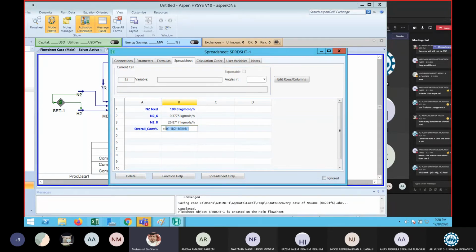And probably I need to multiply all this by 100%. That gives me this number, 72.75. So this is the overall conversion.